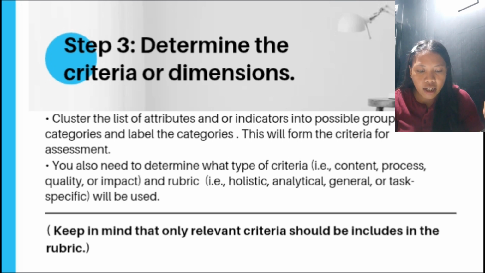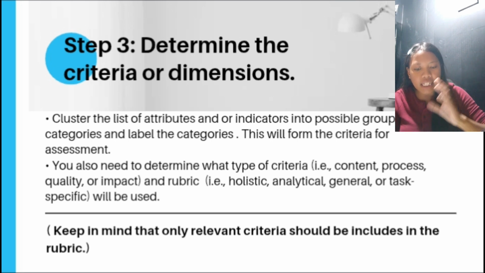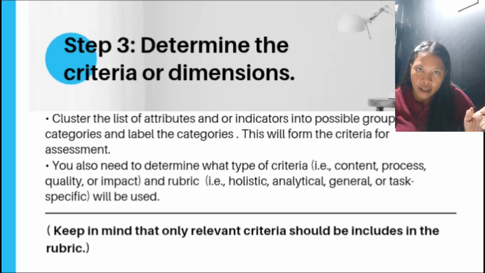It's going to make it harder to accurately assess performance and provide feedback. So by focusing only on the most important aspects, the rubric becomes a clear and efficient tool in measuring students' achievement.